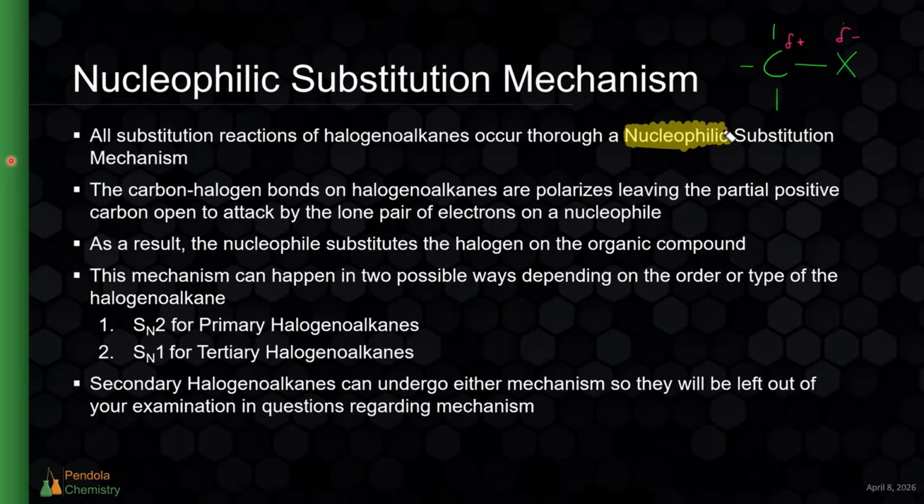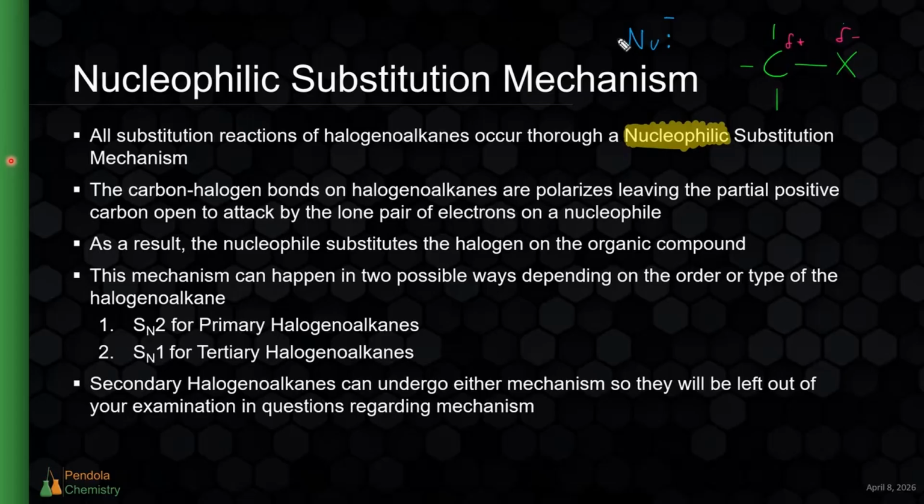Remember from chapter 14 that a nucleophile is a compound that has a lone pair of electrons and either a partial or full negative charge. Whenever we have a nucleophile, we're going to symbolize it usually by writing Nu, with a lone pair of electrons, because nucleophiles have to have lone pairs of electrons, and a negative charge.